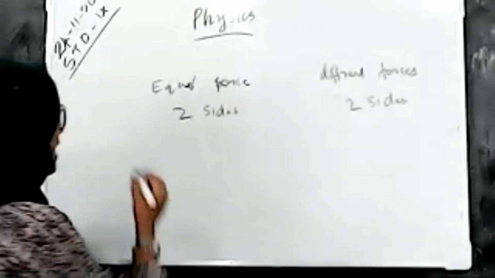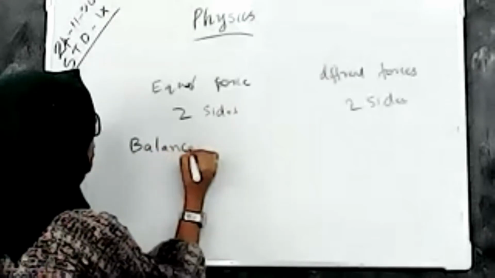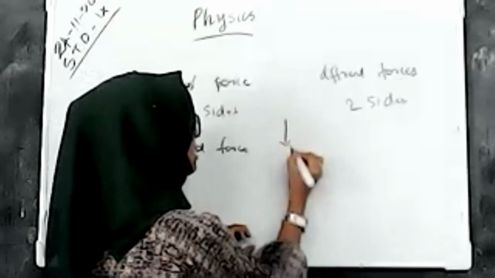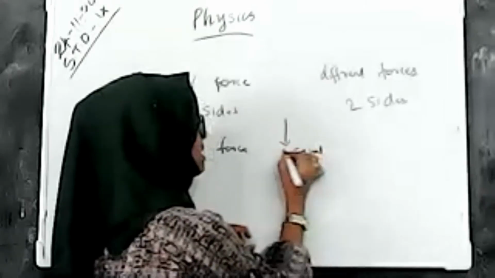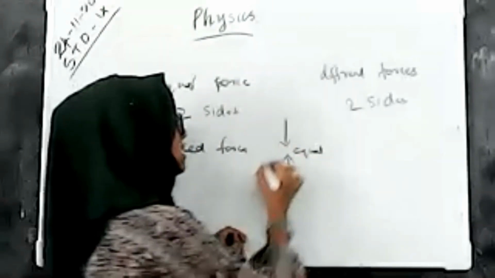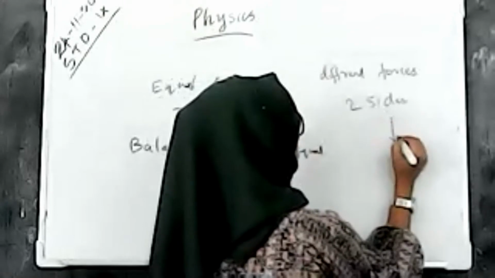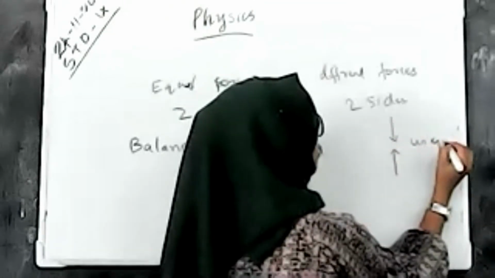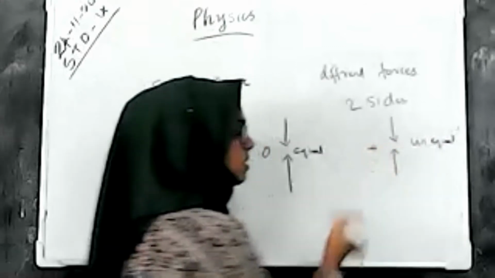In balanced force, equal force is acting in opposite directions. That's why the resultant force comes to 0. But in unbalanced force, an unequal amount of force is acting on the opposite side. That's why there is a resultant force.